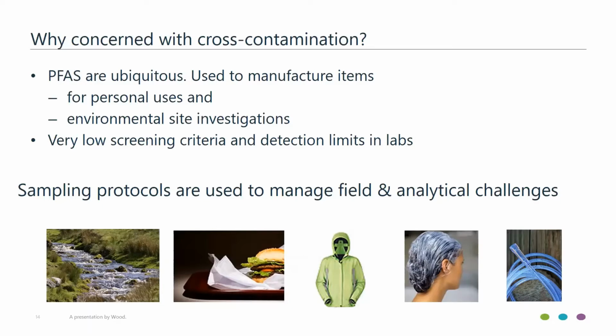So even though certain chemicals have been phased out, PFAS as a class is still being produced and used, and it can be found in a lot of consumer products to this day. So even small amounts could potentially cause cross-contamination in sampling when you're looking for very, very low amounts. So specific sampling protocols are used to try to manage this.